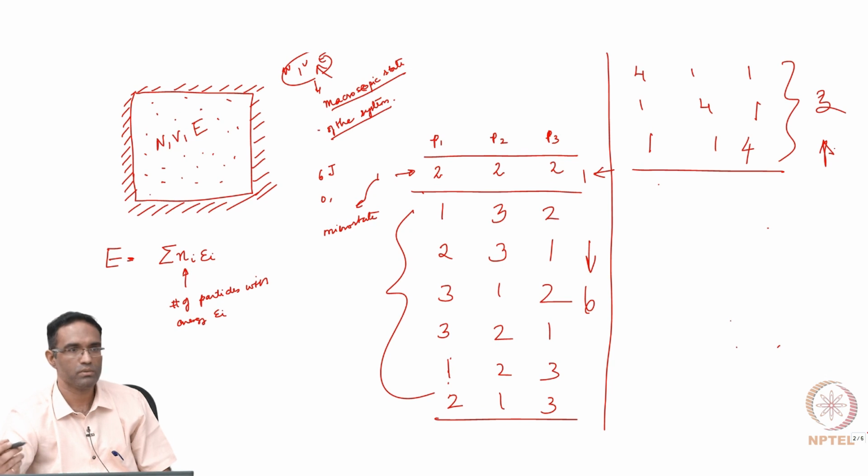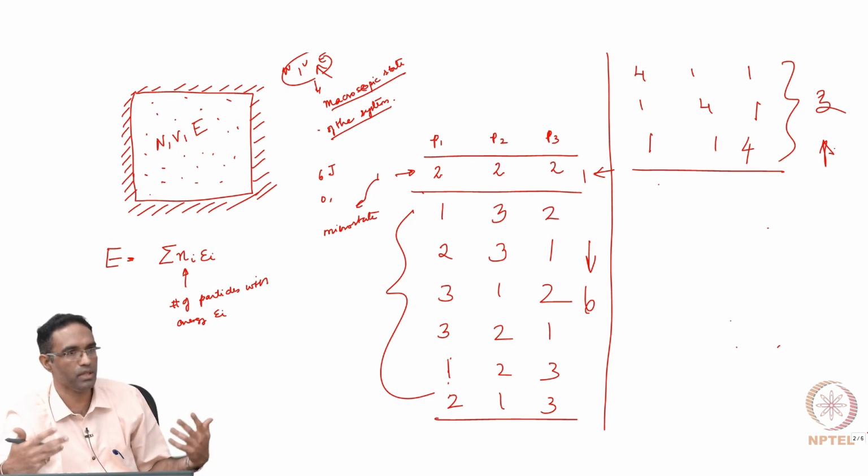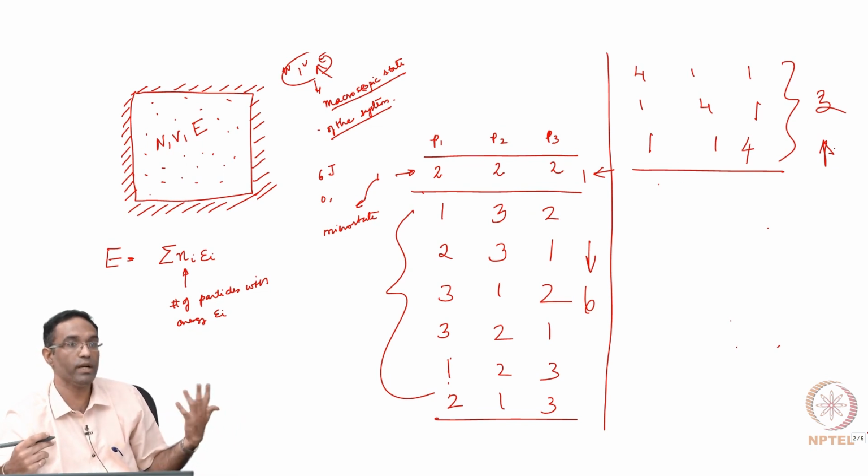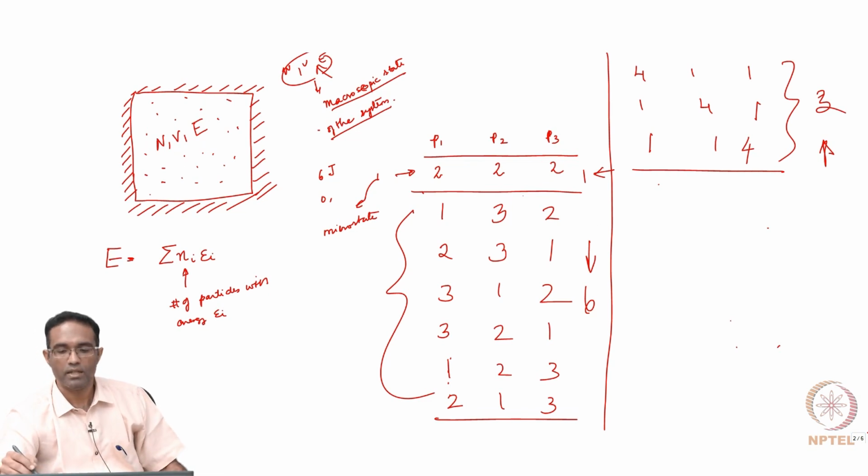Yes or no? Right. So it so happens that when you have an extremely large number of atoms, like in a real material, when the number of atoms or molecules or degrees of freedom is on the order of 10 to the power 23, there is going to be one specific microstate whose number is so large.